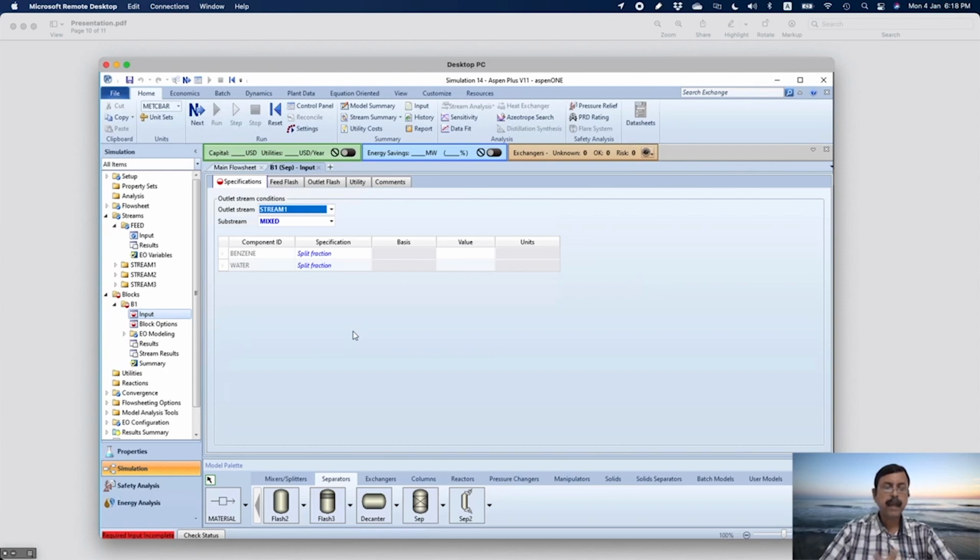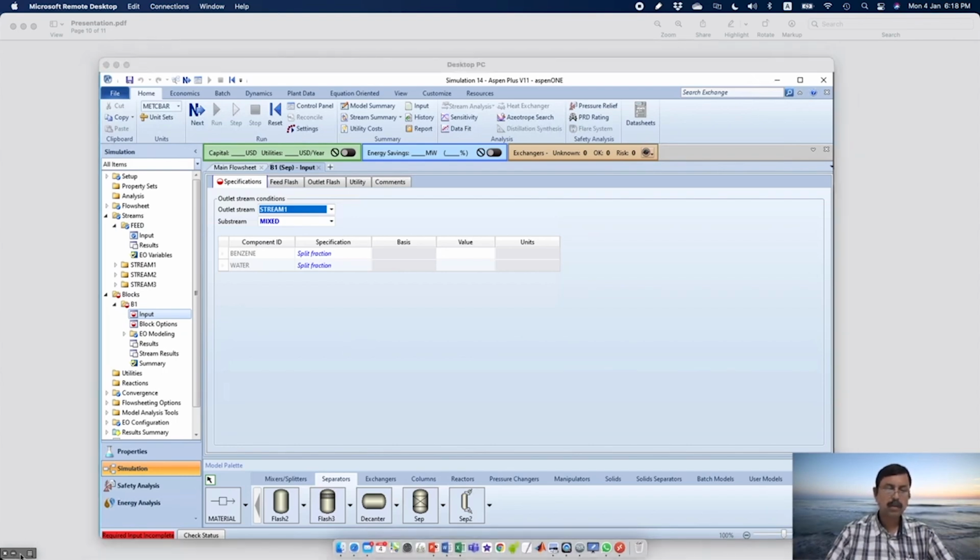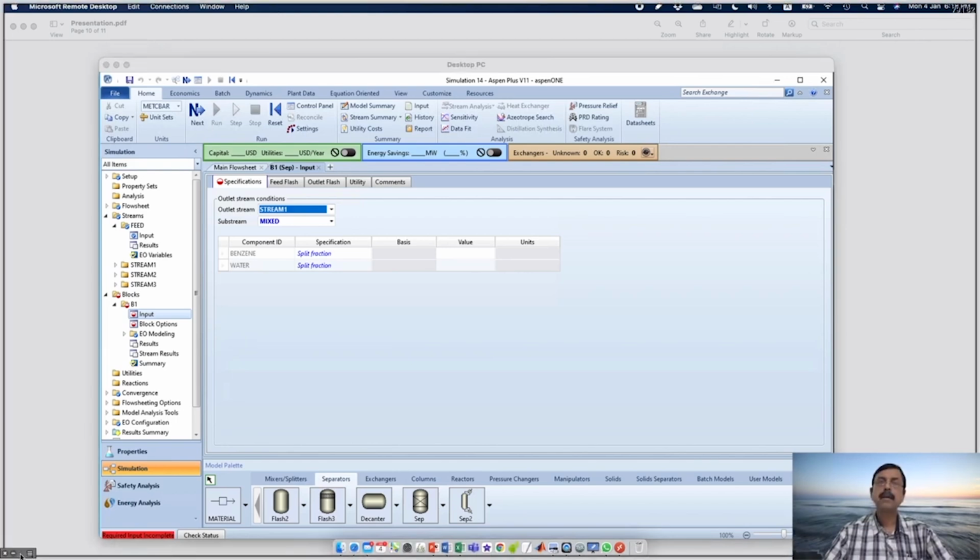Here again you have to give a split fraction. You might remember that some time back we were talking about the degrees of freedom. So the number of streams is 3 and the number of components is 2, benzene and water. So you have 3 into 2, m cross n.